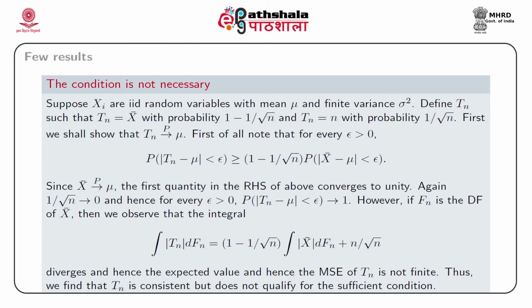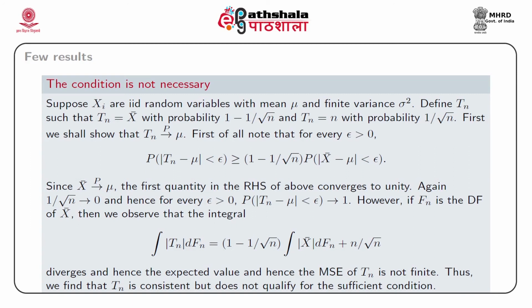First, we shall show that Tn is consistent for mu. So, first of all, we note that for every epsilon greater than 0, the probability that the distance between Tn and mu is less than epsilon is always greater than the probability that the distance between X bar and mu is less than epsilon, the whole thing multiplied by 1 minus 1 by square root of n.